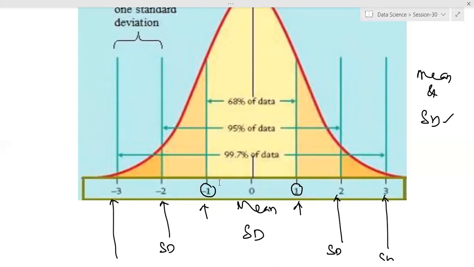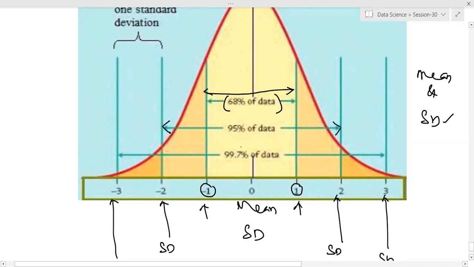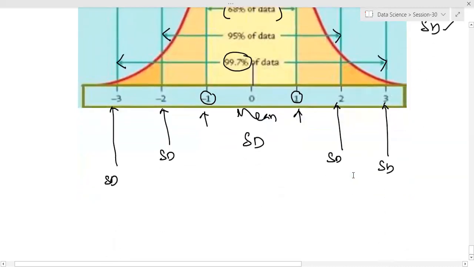Or else, let me put this question in this way: 68% of the data is between some region, 95% of the data is in some region, and 99.7% of the data is in another region. Can you name those regions, friends?